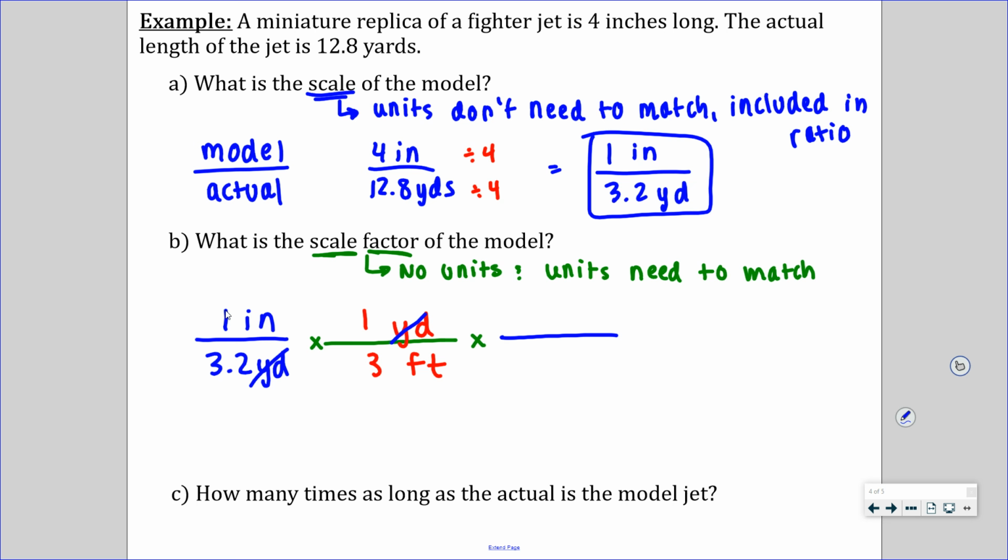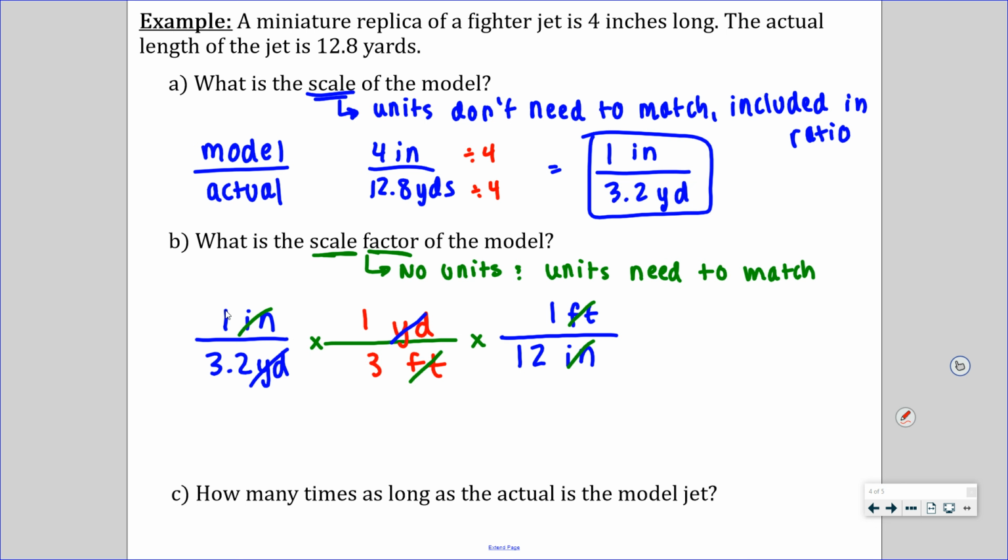So I'm going to need to change the feet in terms of inches. How many inches are in a foot? 12. All right, where would I need to put the 1 foot? Would I put it up here or down here? The top, because I want them to cancel. So for 1 foot, there's 12 inches. So this works out nicely because then those cancel, and so do the inches. So this is how you can get your scale factor.